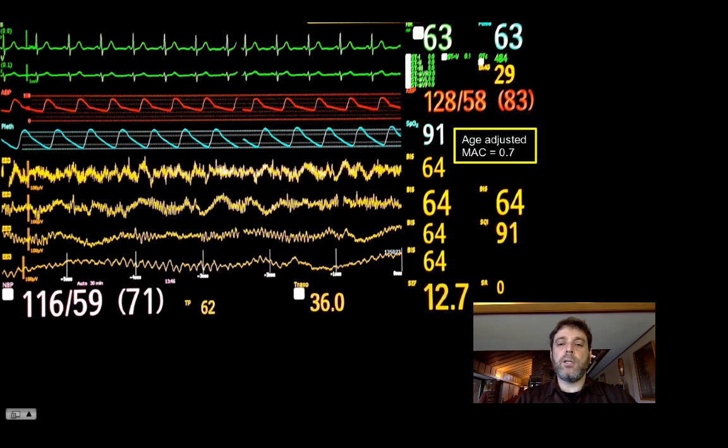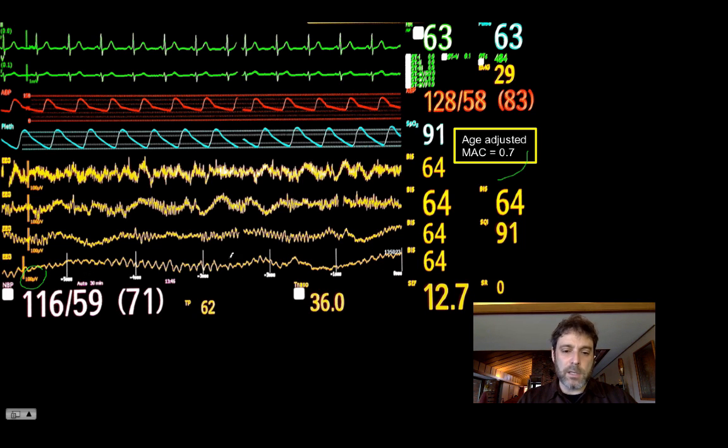So here is the EEG to which I referred. As I mentioned, the age-adjusted MAC is 0.7, and then here is a single frontal EEG channel. The scale is 100 microvolts, and this is going from the fastest sweep speed to the slowest.